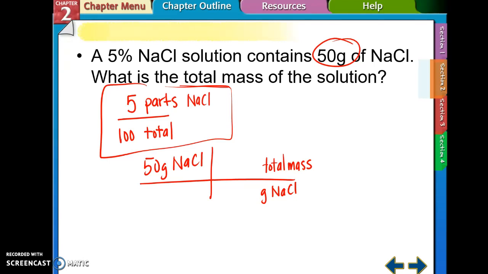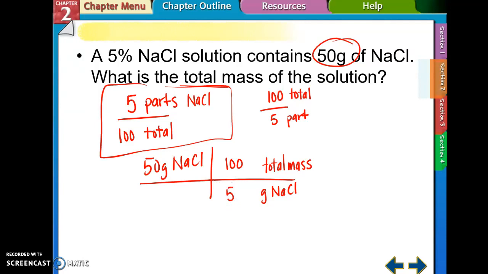But that's not what I need in a dimensional analysis problem. I need the reciprocal of that. So I need 100 parts total for every 5 parts. So I'm going to put 100 down here and 5 below it.